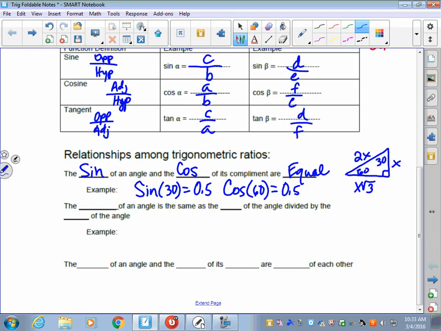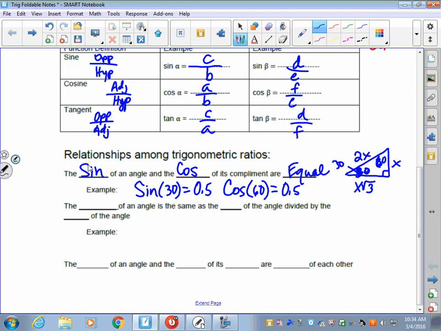So when I'm thinking about the relationship between sine of 30, that means I'm looking at the 30 degrees. I put the angles in the wrong spot, that's my fault. Sorry. This is 30.